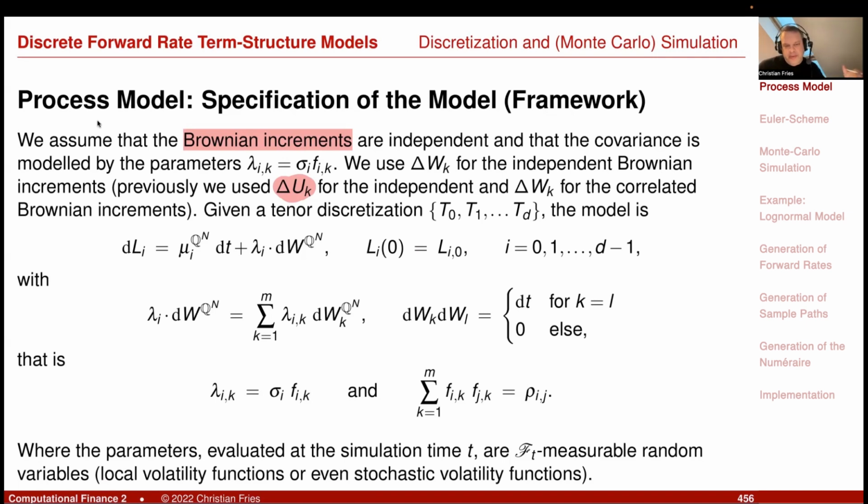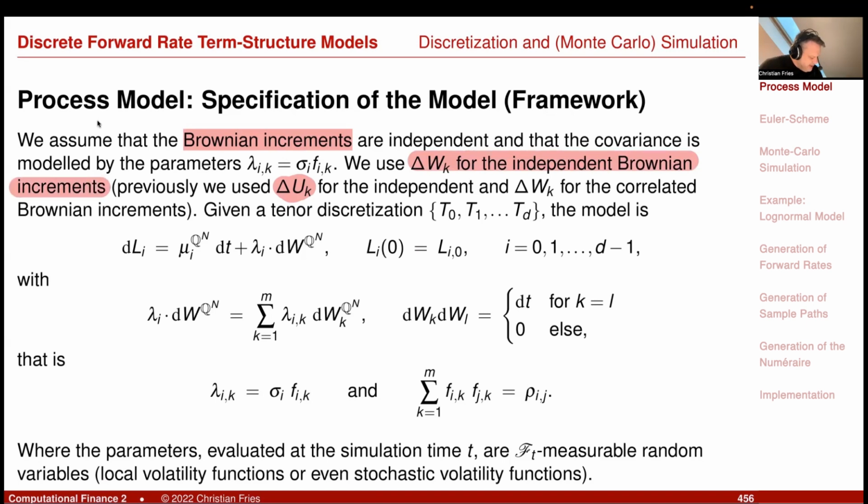So now, since we stick to this alternative form, I will just relabel my independent Brownian increments W. So delta W_k is now the vector of independent Brownian increments.